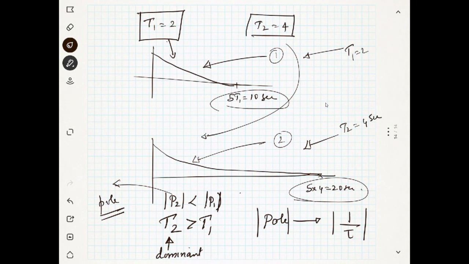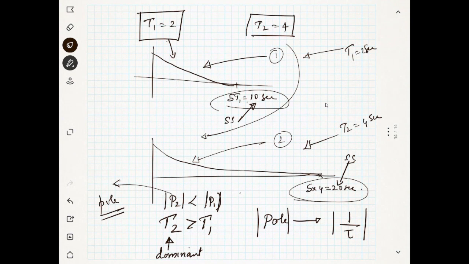Now, if a system contains both T1 and T2, you see here the steady state is 10 seconds, and here the steady state is 20 seconds. Am I correct? Because steady state means 5 times the time constant. Now you see the system not before 10 seconds, just after 10 seconds.